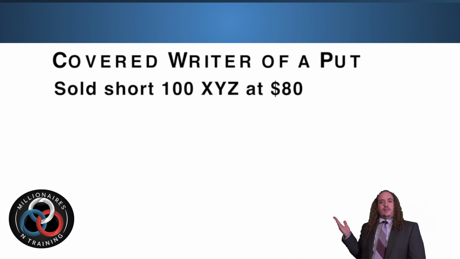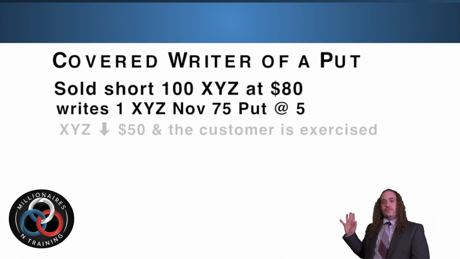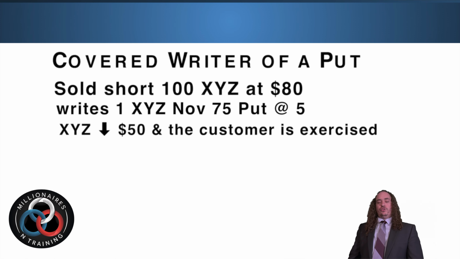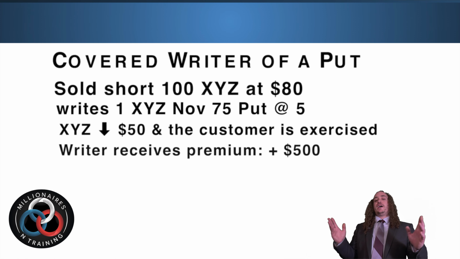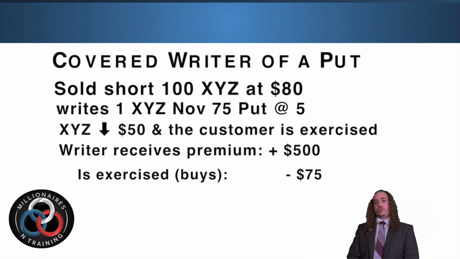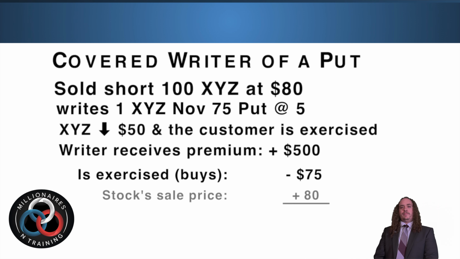In this case, the customer sells short 100 shares of XYZ at $80, and the customer writes one XYZ November 75 put at 5. XYZ drops to $50 a share, and the customer is exercised. In this case, the writer of the put is forced to buy the stock at 75. However, he is not required to go out and sell it in the market at 50. Why not?